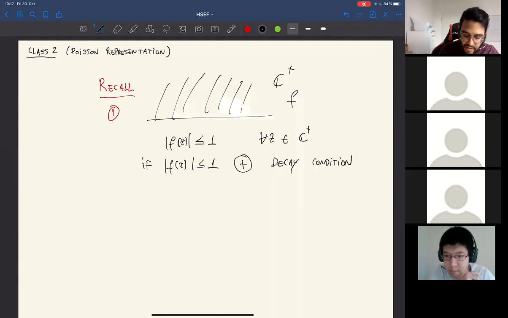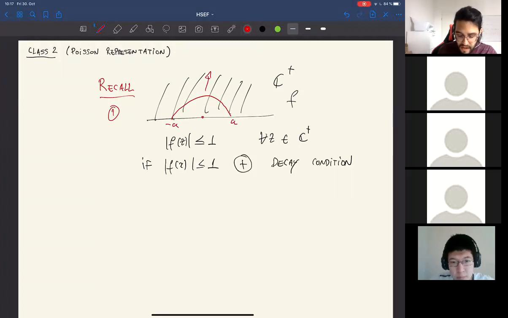The decay condition was something like you take an average of the log of the function along a semicircle, and if you send the semicircle to infinity and that thing is 0, then we can guarantee that the function is less than or equal to 1. That was the Phragmén-Lindelöf maximum principle.